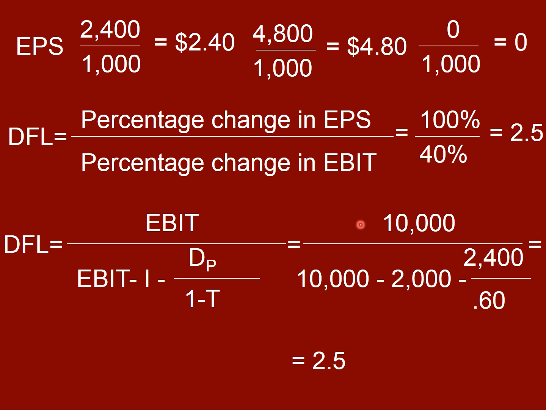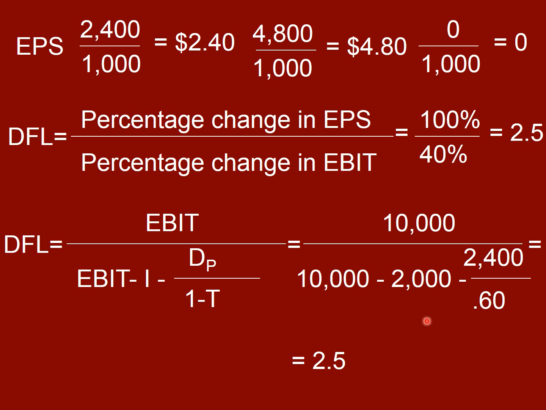And so in our base case, we had EBIT of $10,000, and we divide that by an EBIT of $10,000. Our interest expense was $2,000. Our preferred stock dividends were $2,400. And then our tax rate was 40%, so 1 minus the tax rate is 0.6.